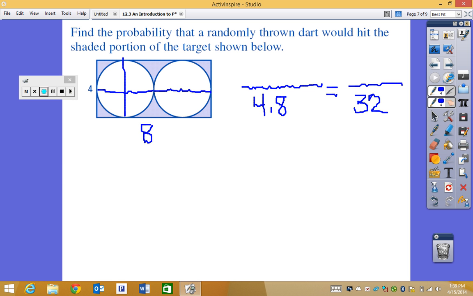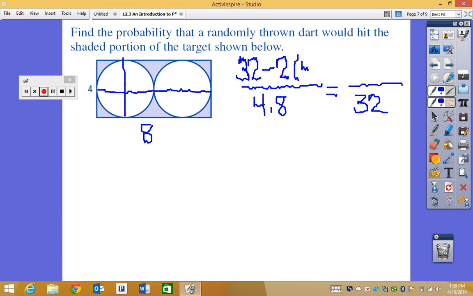Now, we want the area that is shaded only. So we want to take the area of the entire figure and subtract the circles. Remember that the area of the circle is pi r squared, and so I want 2 of those circles. The radius will be half of the diameter, which is 2, and 2 squared is 4.